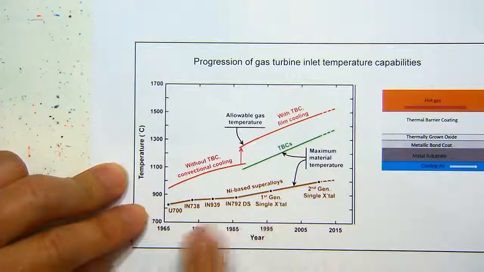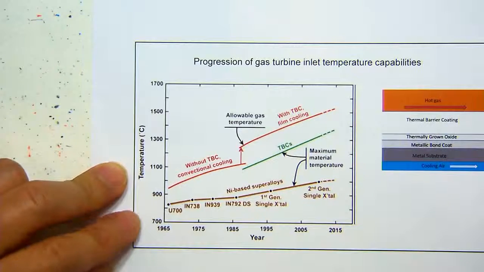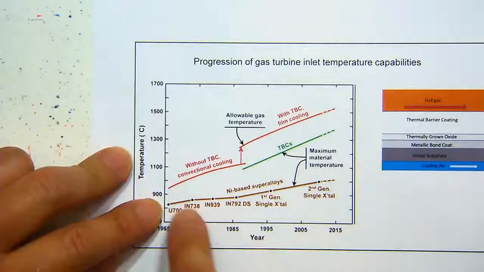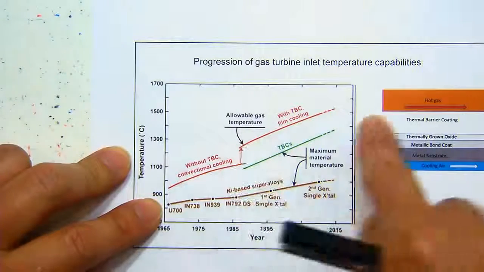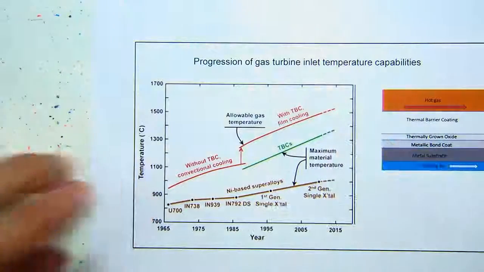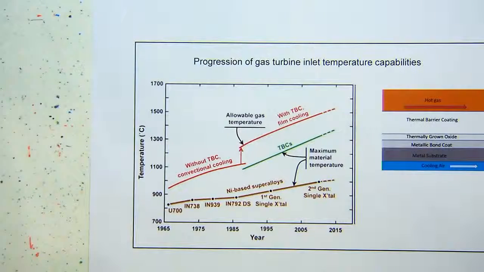Initially the temperature was around 800 degrees C. When people applied different technologies, nowadays it can reach somewhere around 1600 degrees C. 1600 degrees C is a very high temperature. A flame or combustion temperature is typically around 2000 Kelvin, somewhere around 1700 degrees C, right? So it's close; we are directly in contact with the flame.